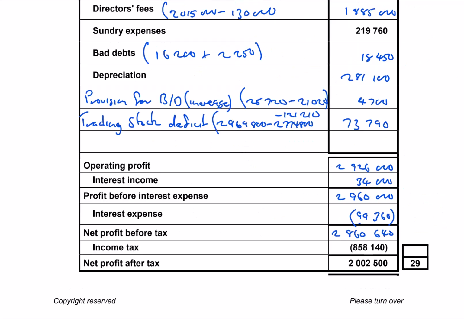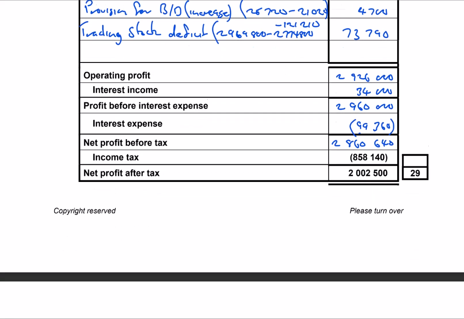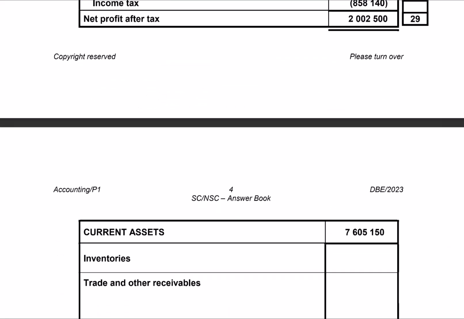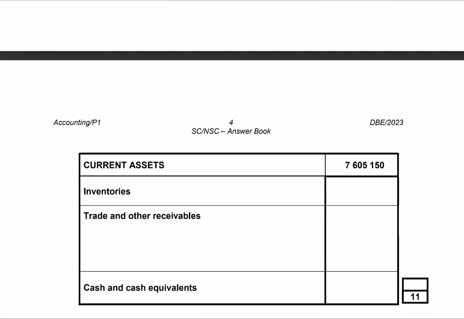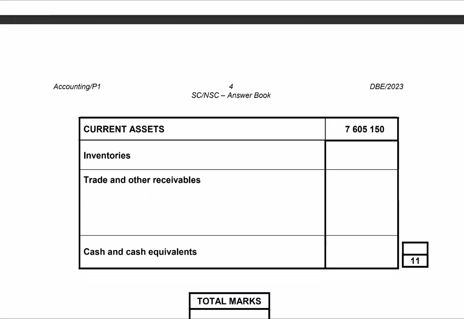Right. The next question. Current assets. Right, inventories. That will be 2,274,800 plus 121,210.